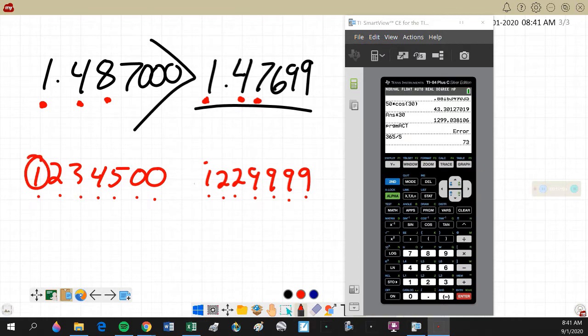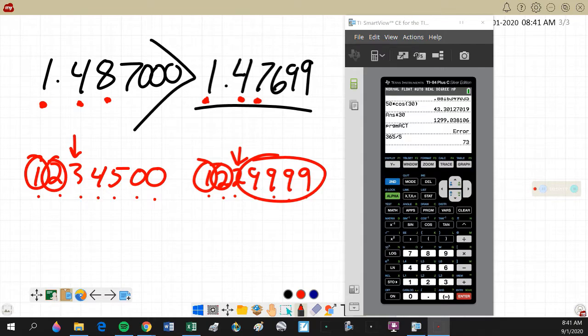The 1s are equal. The 2s are equal. But this 3 is bigger than that 2. So even though the rest of these are 9s, 2,9,9,9,9,9 is still smaller than 3,0,0,0,0.